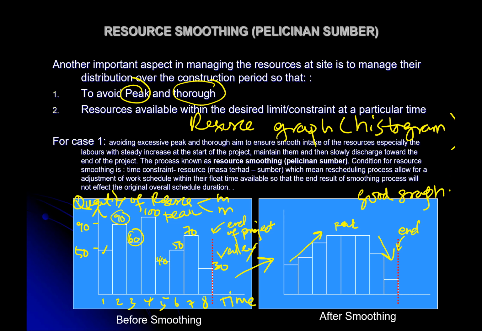The left side is basically the bad graph. Can we do something to transform the resource requirement from having all kinds of peak and valley situations into this one? We can do this by going back to our scheduling. Remember, we are the ones who do the scheduling.